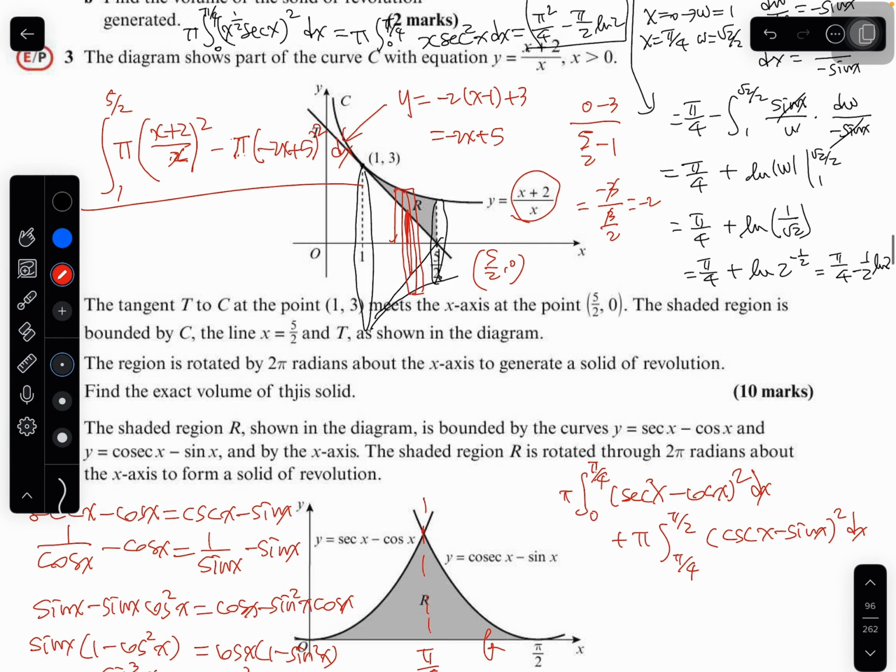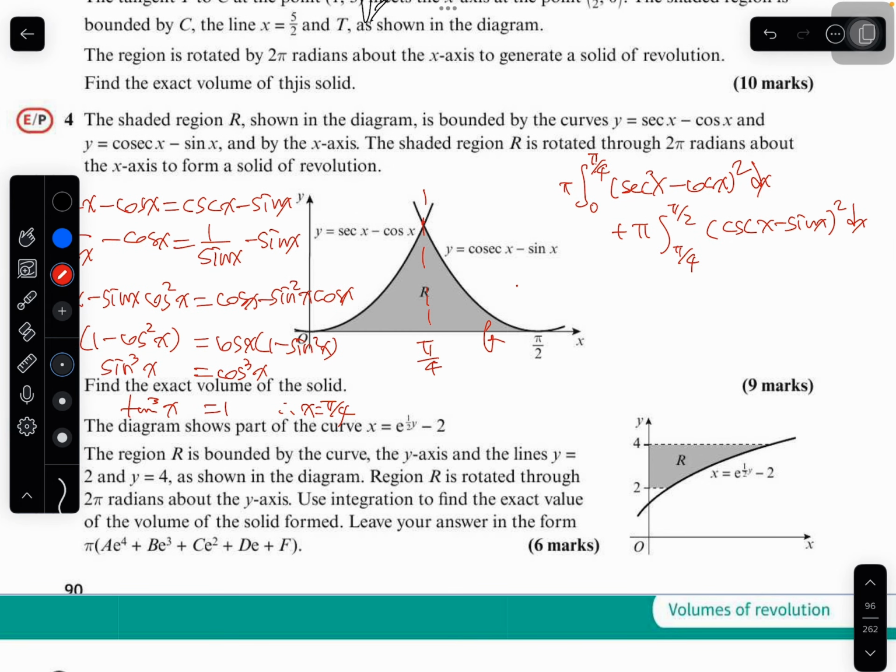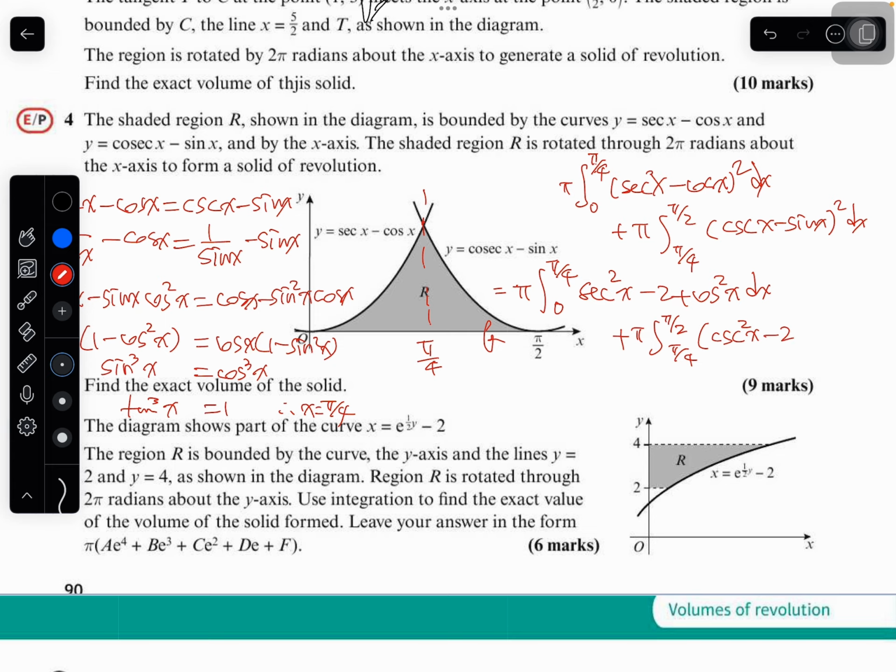So this one: pi times the integral from 0 to pi over 4 of sec squared x minus 2 plus cos squared x dx, plus pi times the integral from pi over 4 to pi over 2 of cosec squared x minus 2 plus sine squared x dx.